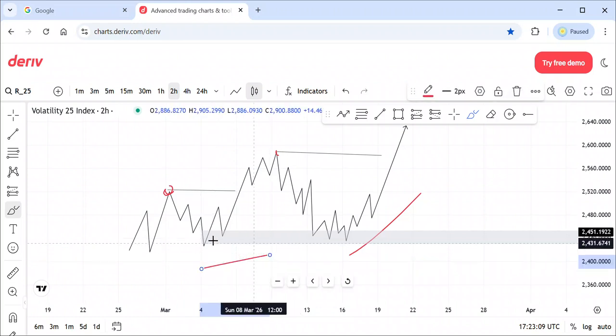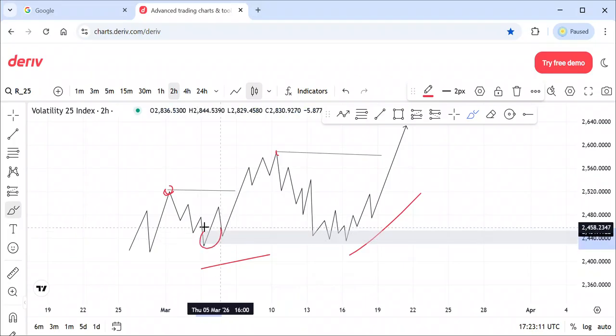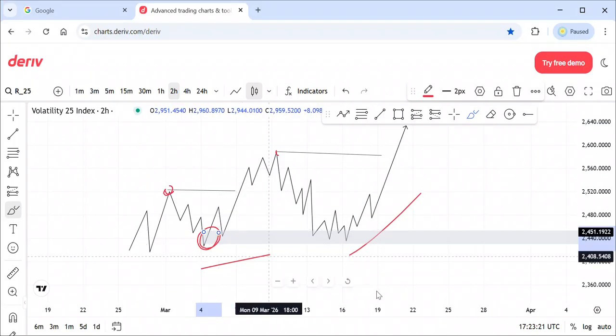Secondly, when the market comes back to your order block, before you can say a breaker block is valid, you need momentum. You need a breakout with momentum, which will let us know that this breaker block is valid.